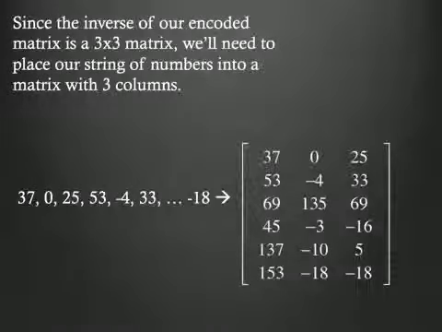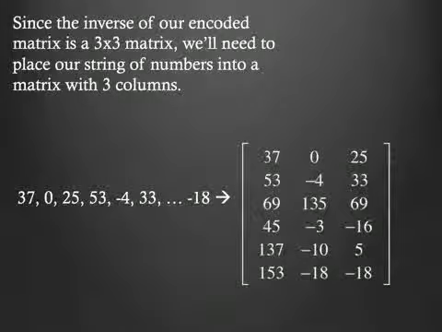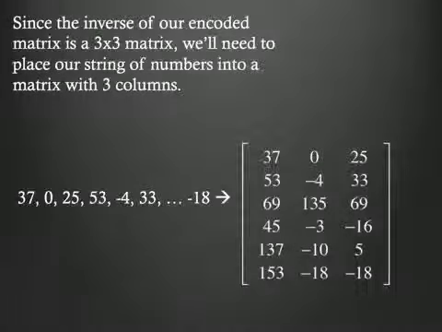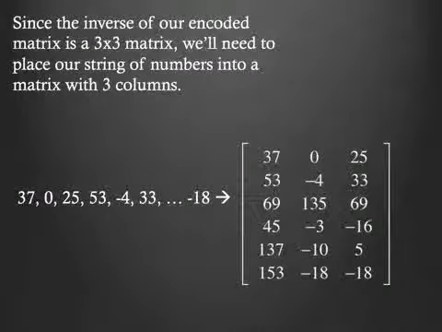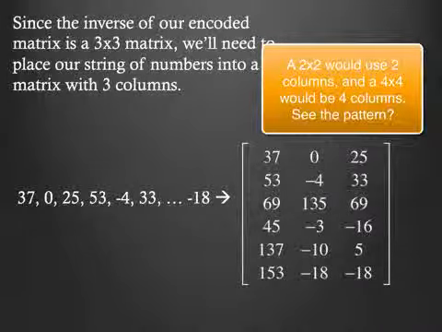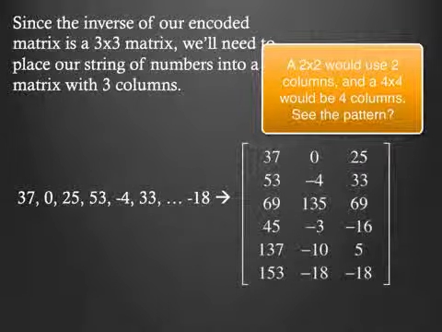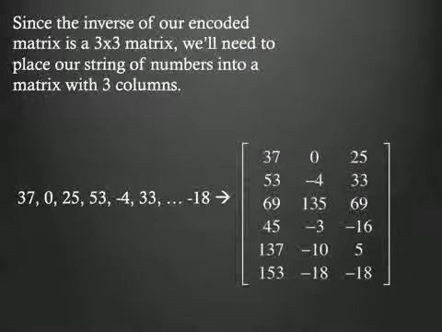Since the inverse of our encoding matrix is a 3 by 3 matrix, we'll need to place our string of numbers into a matrix with 3 columns. Well, that doesn't seem so bad. So we just go ahead and do that: 37, 0, 25, and so on, all the way down to our last -18.